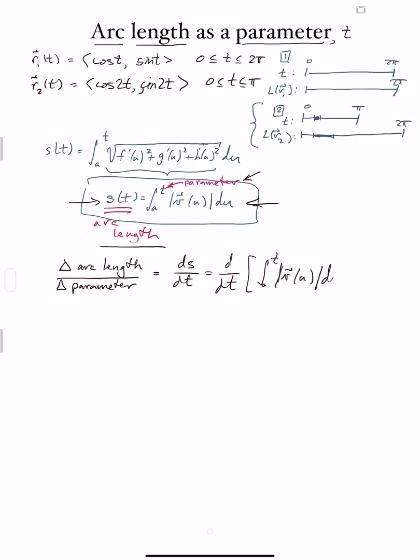Remember that the derivative and integral are inverse operations. So when I do this whole integral, I end up with this magnitude, and I can write that ds dt is equal to the magnitude of the velocity.